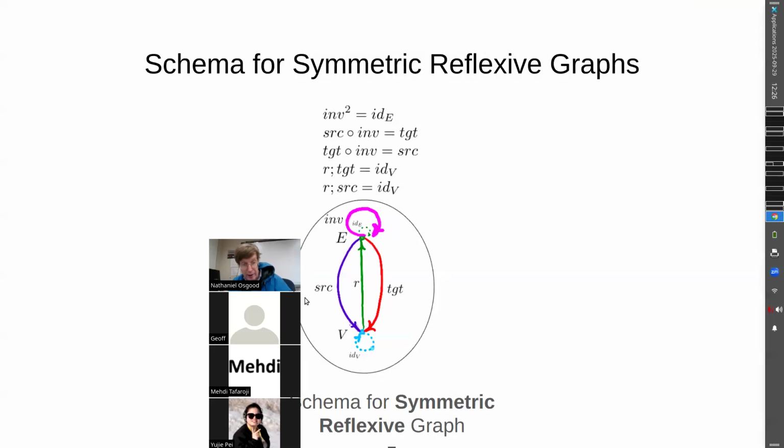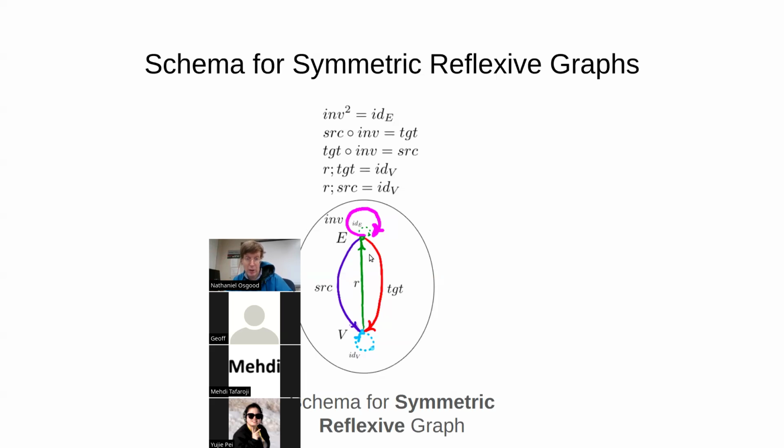And similarly, although I won't dwell on it, I just want to highlight the fact that for symmetric reflexive graphs, we additionally have this thing where every vertex is associated with a little loop of its own, sort of a self loop, as it were.